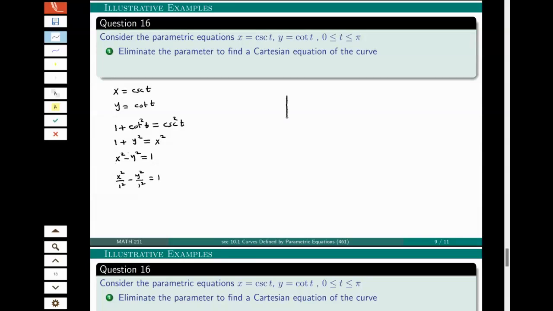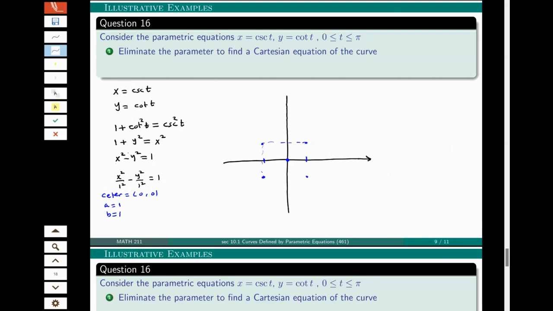And the best way to sketch the curve of this one, we first draw the basic rectangle. The center is 0 and 0, and then we have a equal to 1 and b equal to 1. So from the center 0, we go 1 unit to the right and 1 unit to the left. Then we go 1 unit up and 1 unit down from each direction.